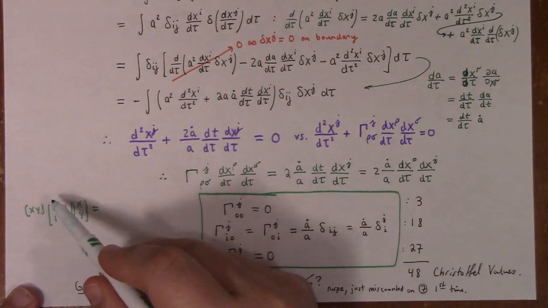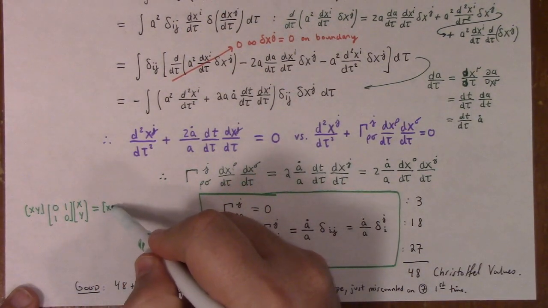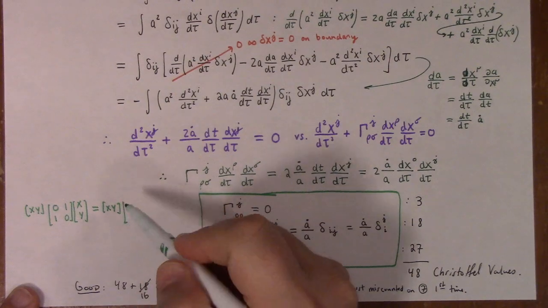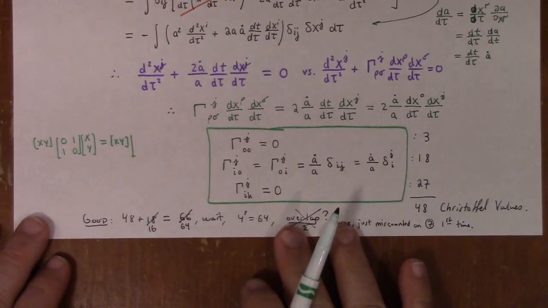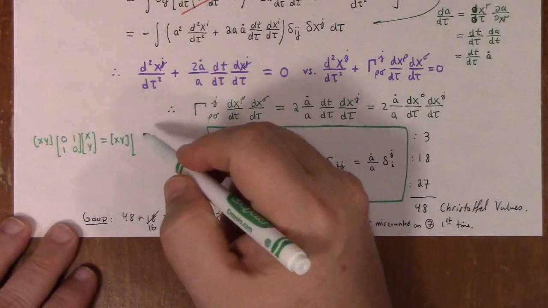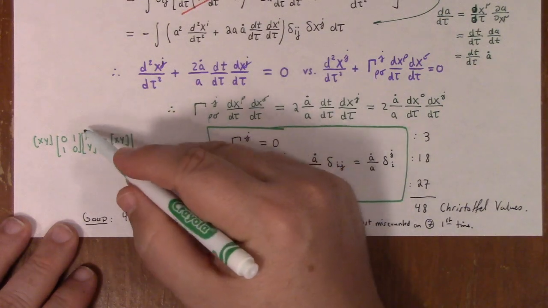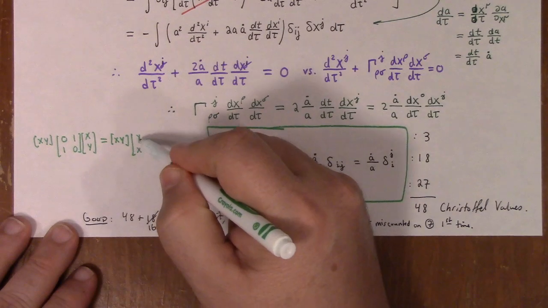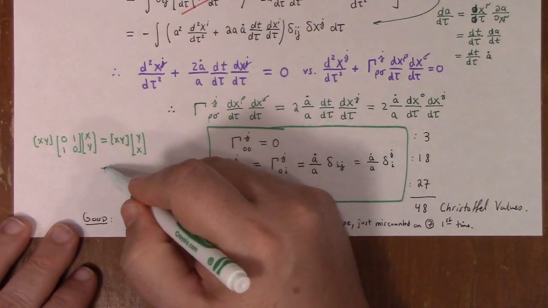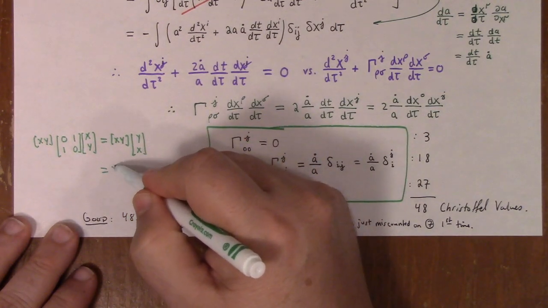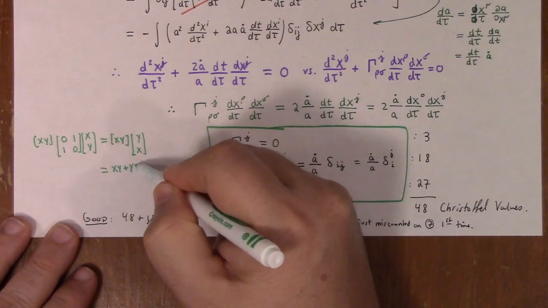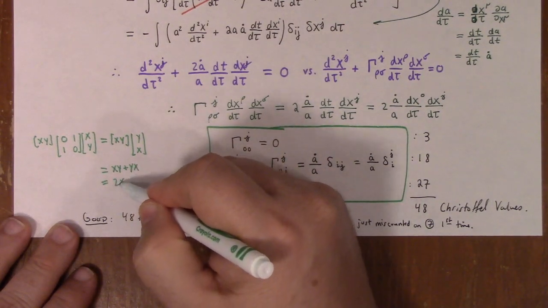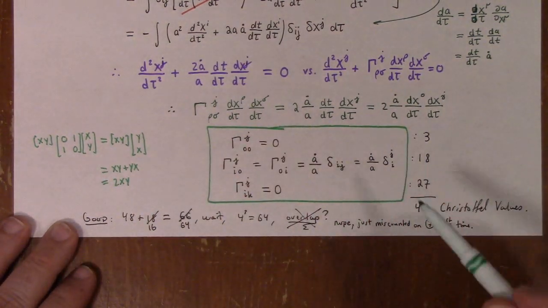You get x, y, times what? y. That gives me y, that gives me x. Then I multiply that, I get xy plus yx, which gives me 2xy, right? So that's essentially the issue here too.